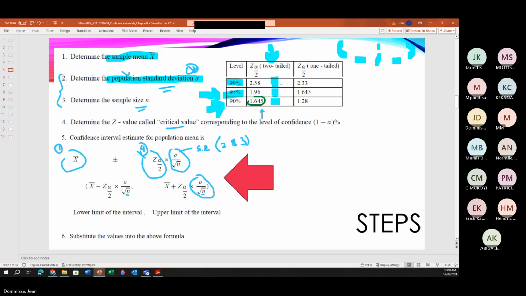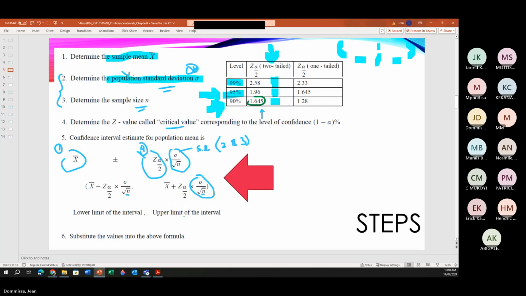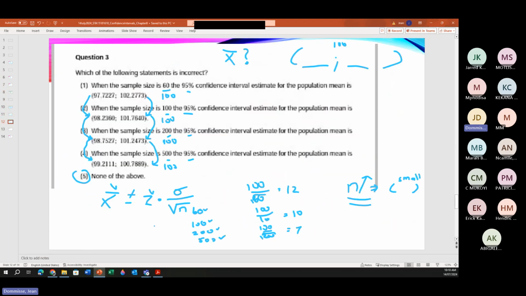2,58. So if you round that off, you actually will get 2,58. So again, something that they can ask you in a theoretical question is, as your sample size increases, the more it becomes a normal distribution with a standard deviation that you can say is known.